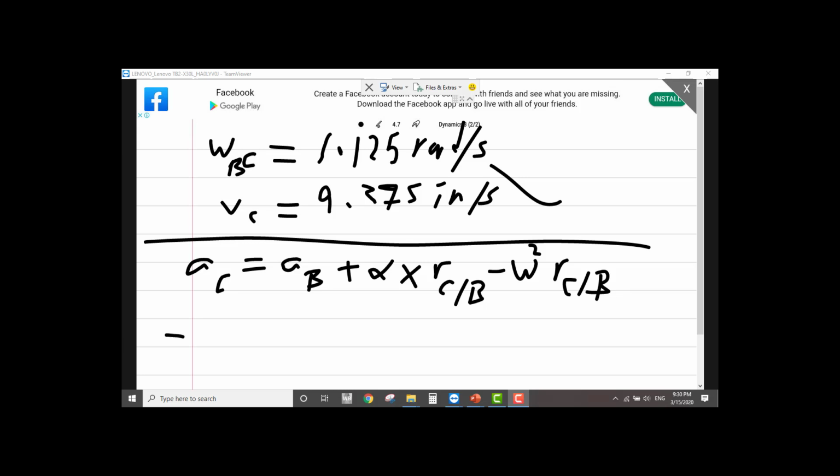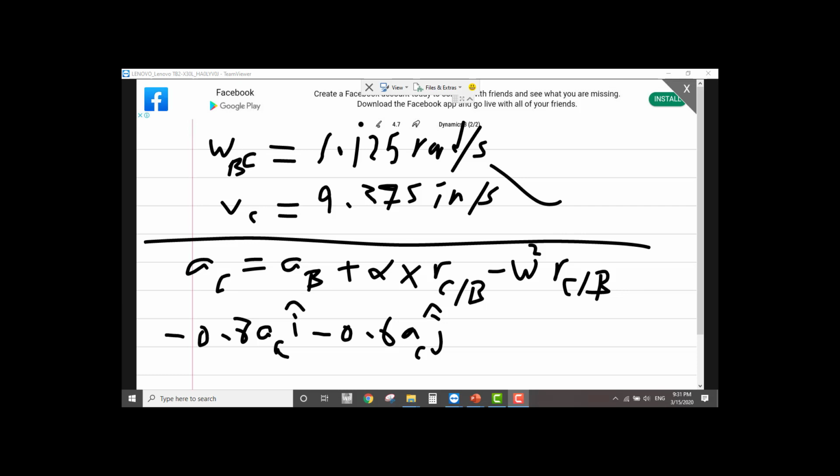So minus 0.8 AC in the i direction, minus 0.6 AC in the j component.